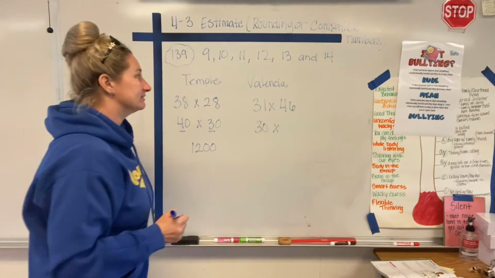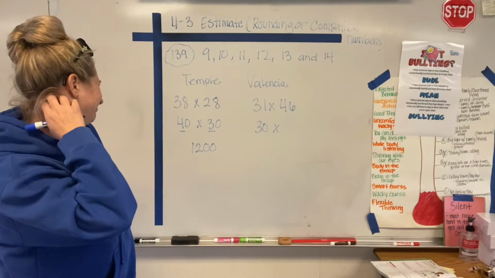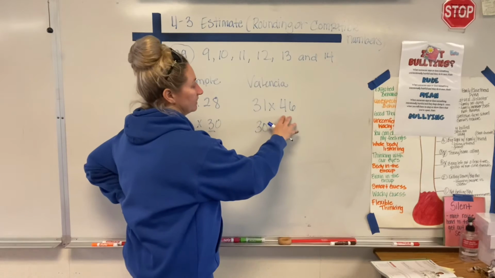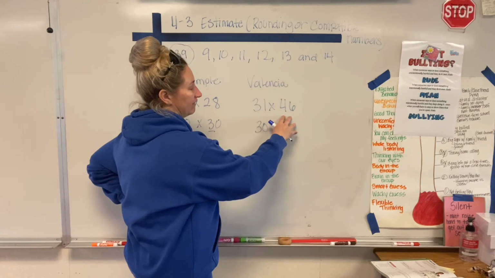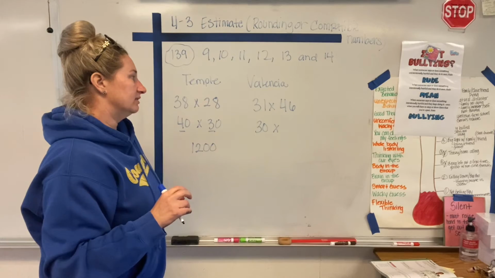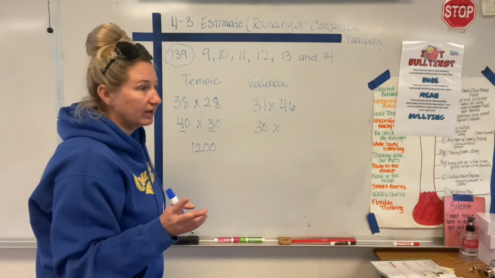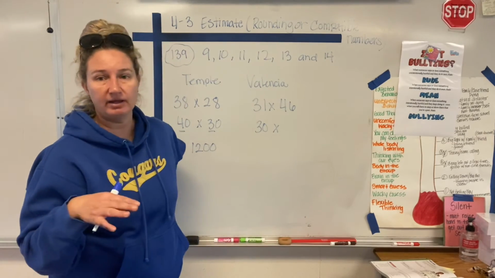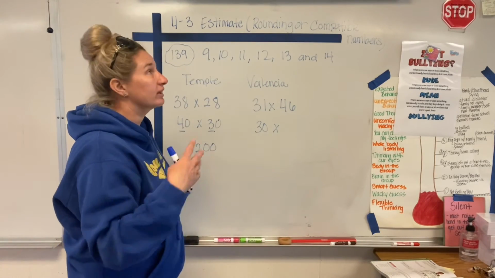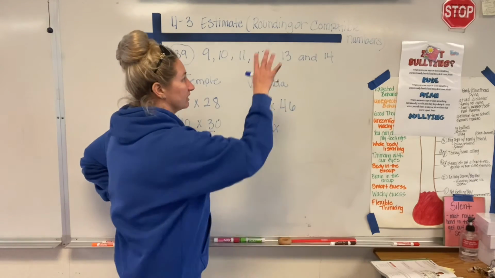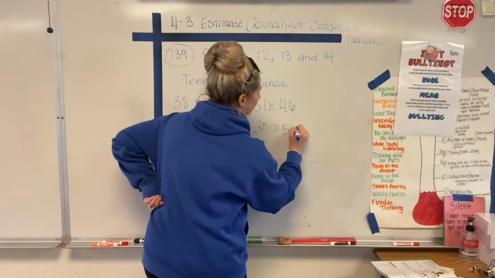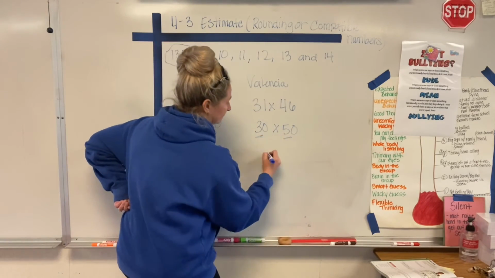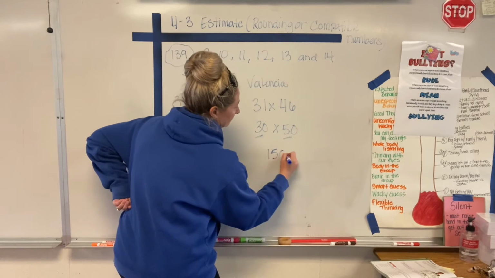And then 46, I'm just going to round it up to 50 because if I use a compatible number and chose 45, it's not actually super compatible, okay? I mean, I could do 45 times 3 and I could figure that out, but that's just too much thinking, okay? I'm supposed to be quickly estimating and rounding, so I'm just going to round it up to 50 and make it easy for myself, okay? And it's a close answer, it's close enough. So 3 times 5 is 15, and the 2 zeros, okay?